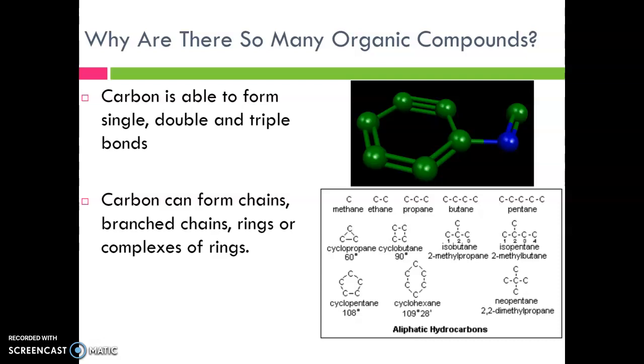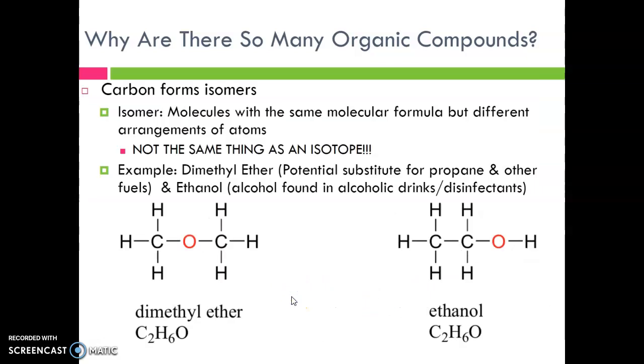So carbon forms a lot of isomers. Isomers are things that have the same molecular formula but different arrangements of atoms. Now, this is not the same thing as an isotope. We talked about isotopes in our chemistry review notes.